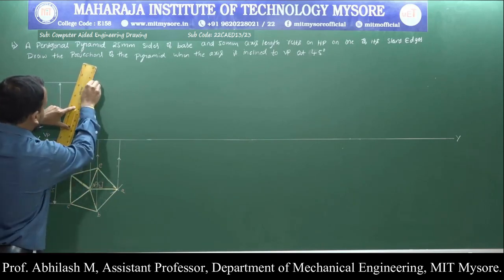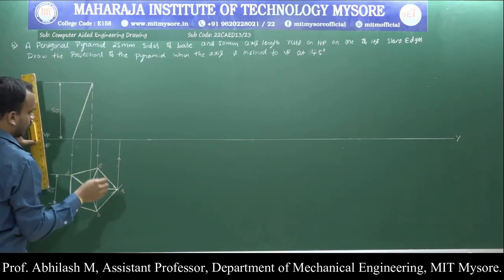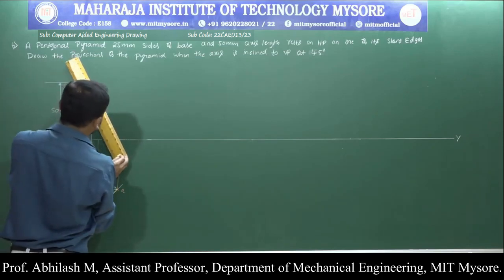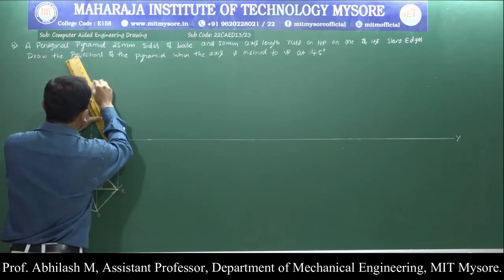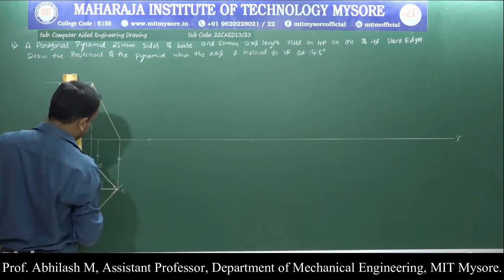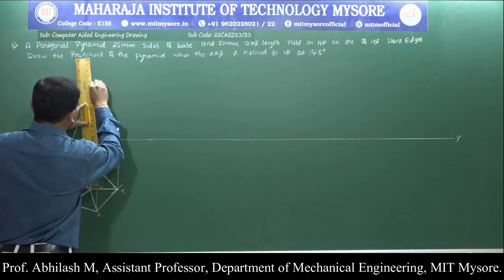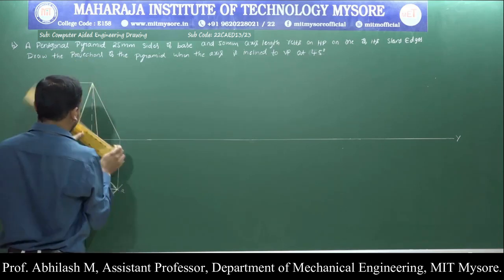From C dash to D dash, it is completely visible. From A dash also, this slant edge is visible. From B dash to E dash also completely visible, along with the base edge.